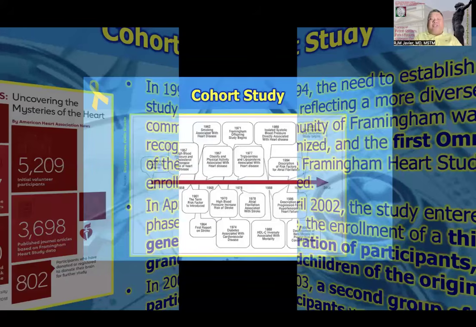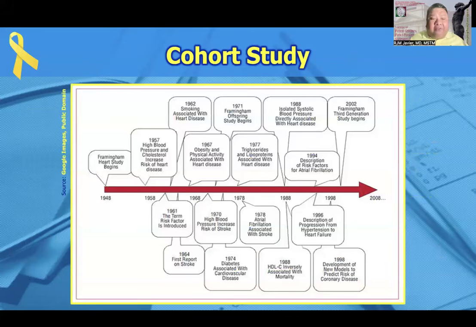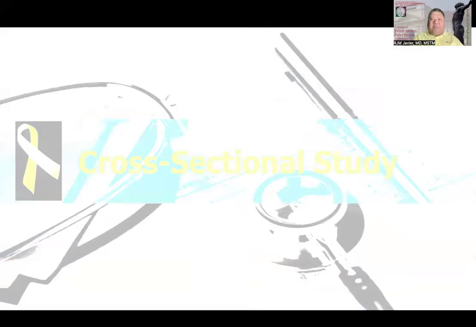And just to give you an idea, from 1948, when the Framingham Heart Study was first implemented up until the 2010s, we were able to look at all of these developments with regard to cardiovascular diseases. Everything that we know now, or majority of what we know now about cardiovascular disease prevention and control, emanated from whatever studies that were initiated back in 1948 at the start of the Framingham Heart Study.